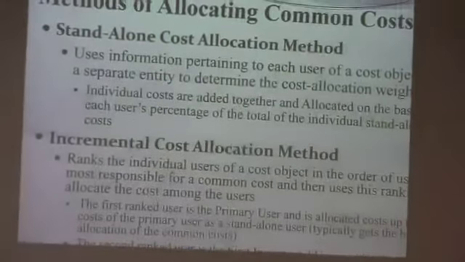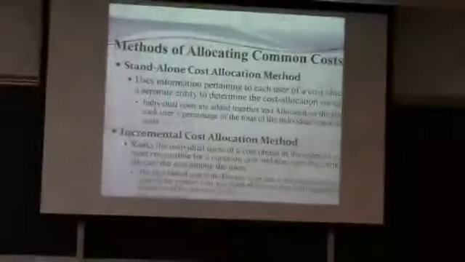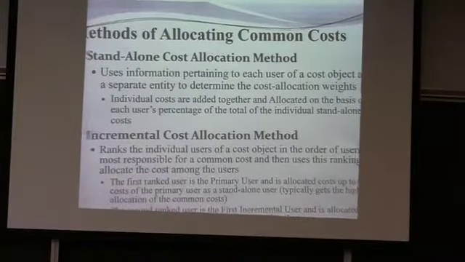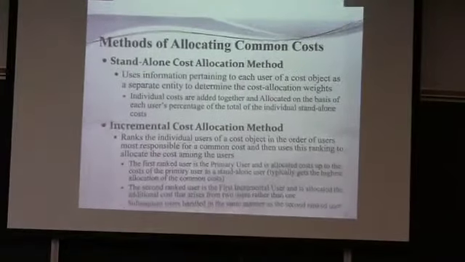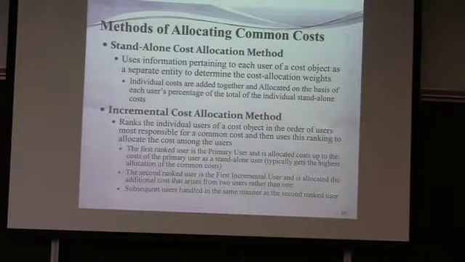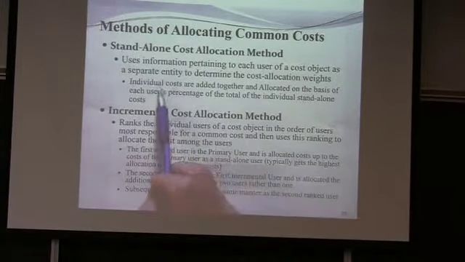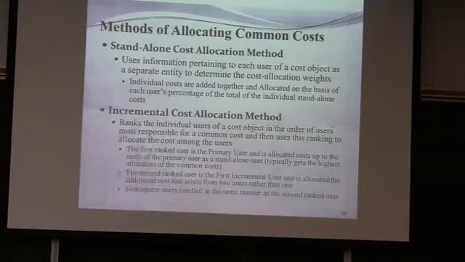In your textbook, there are actually two methods of allocating common cost. These two methods are called standalone and incremental. In a standalone, we look at each cost object, the trip to Calgary and the trip to Vancouver, and we take a look at the individual cost. In other words, how much would it cost me to take a flight from Toronto to Calgary and back, and the cost of taking the flight from Toronto to Vancouver and back.